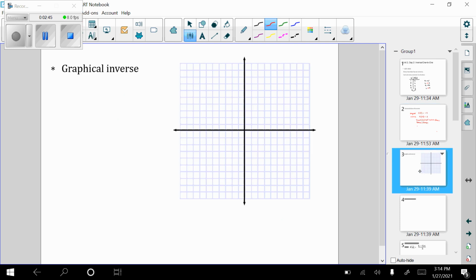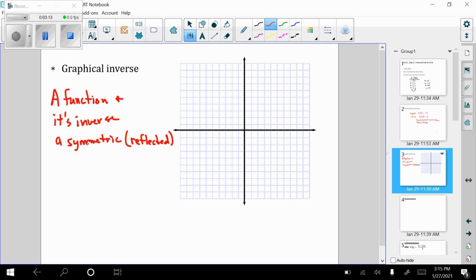Okay, so looking at an inverse on a graph. Okay, so a function and its inverse are symmetric or reflected over the line y equals x.